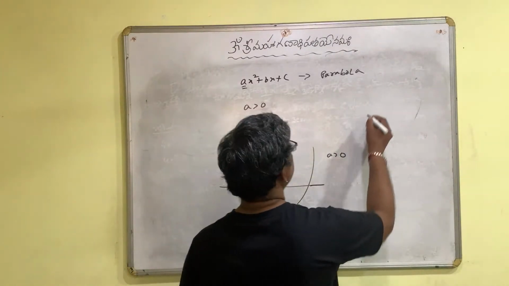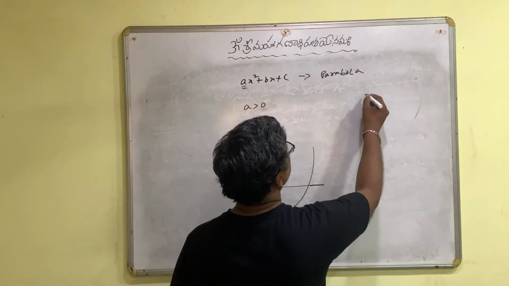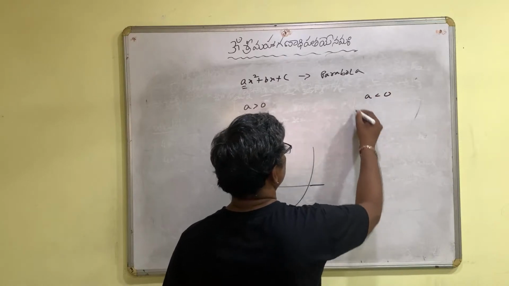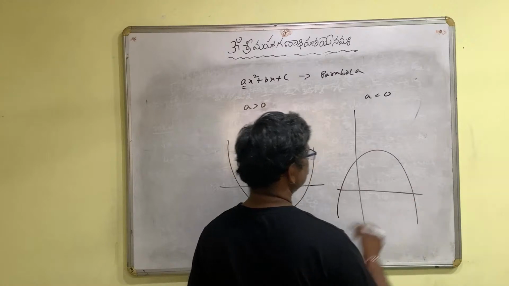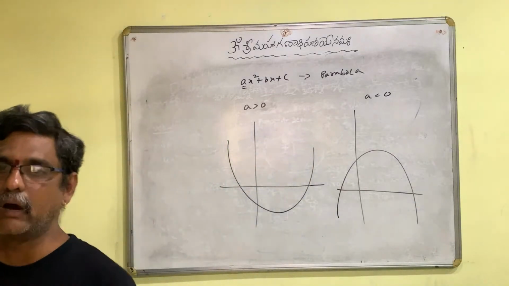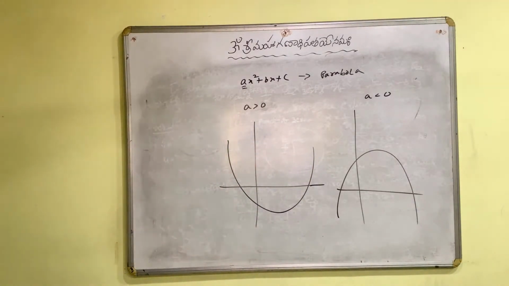If a is less than 0, then the parabola will be like this, opens downwards.